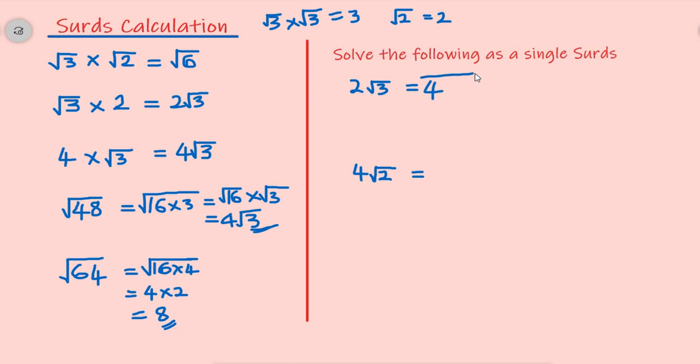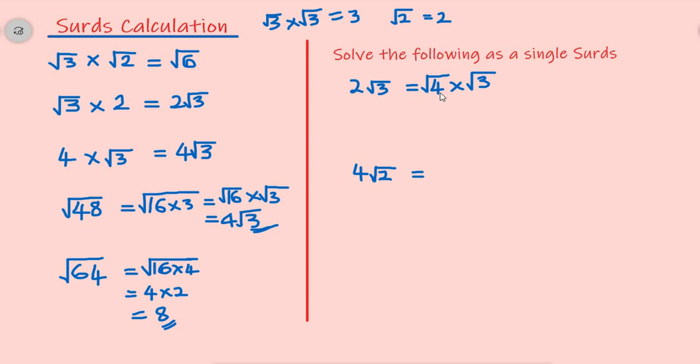We are changing it back to the way it was before. This is a question.